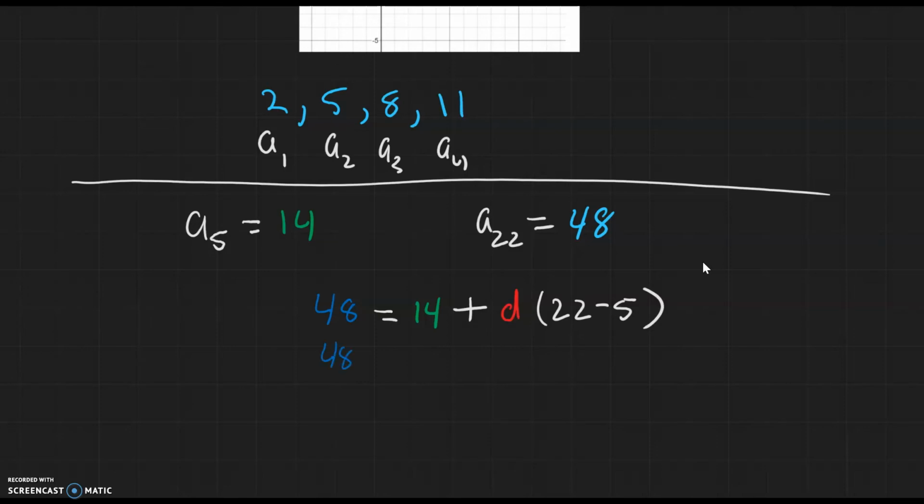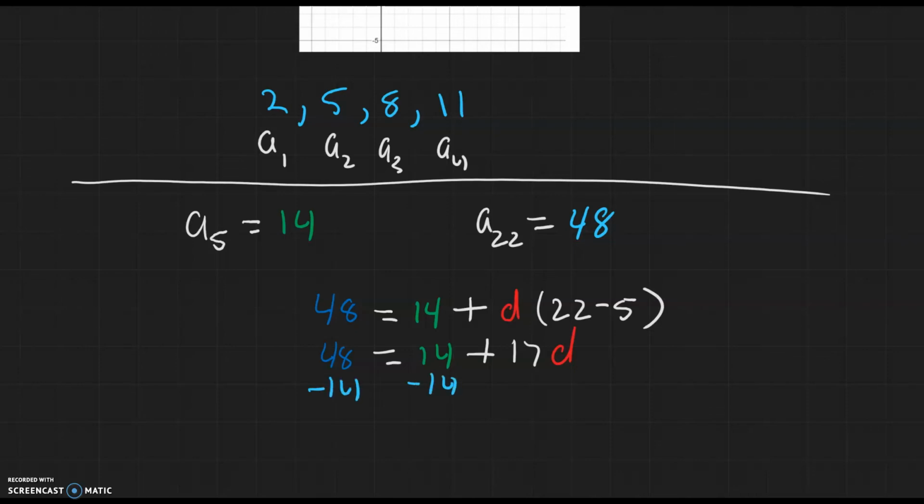So I know that 48 is equal to 14 plus 17 times d. Okay, so I'll go ahead and subtract the 14.